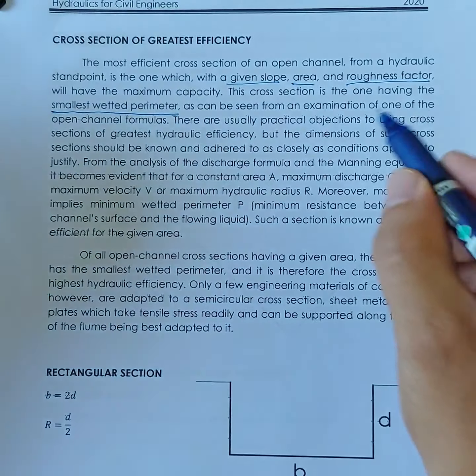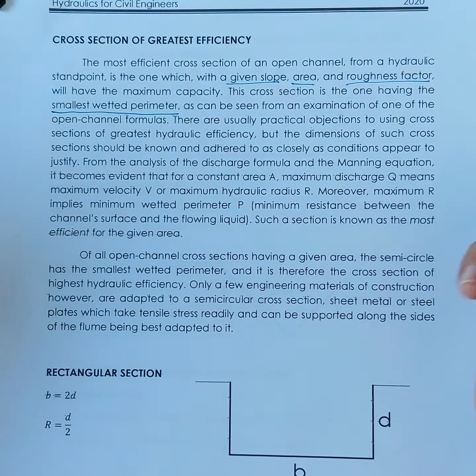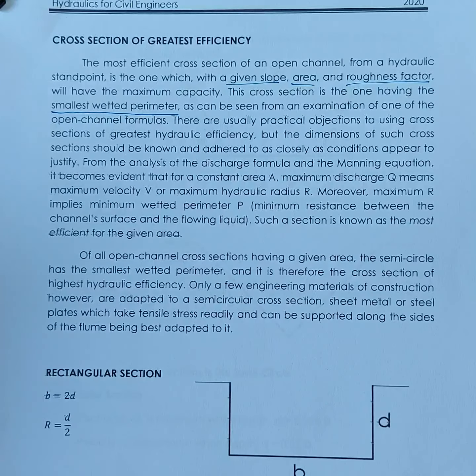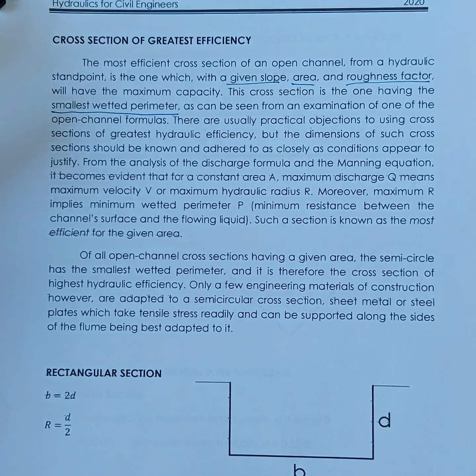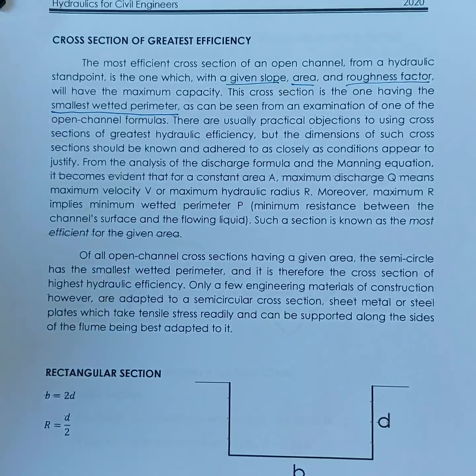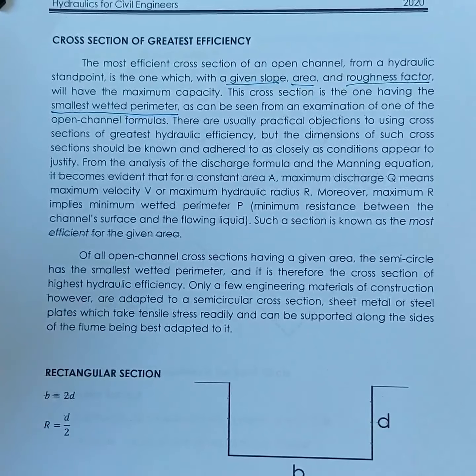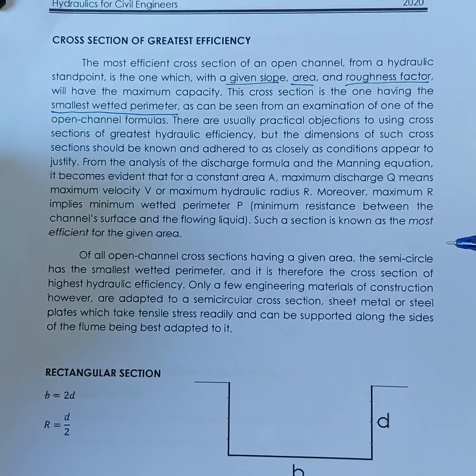Sometimes we are limited by the area in which we construct, for example, a drainage canal. If the area intended for the canal is quite limited, sometimes we do not adhere to this principle.